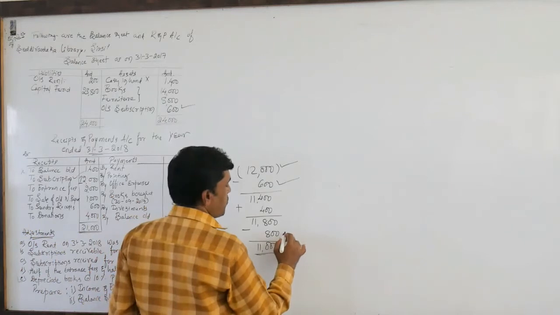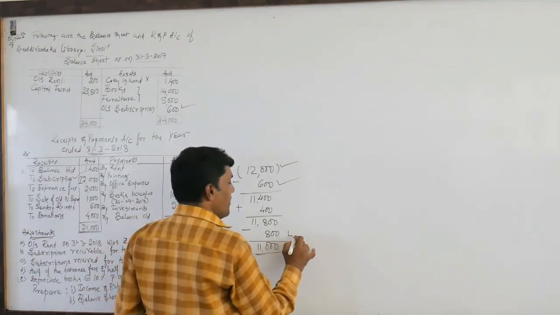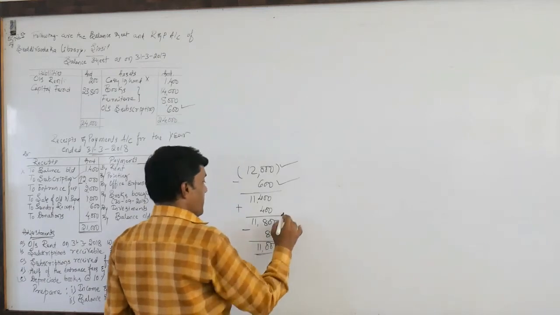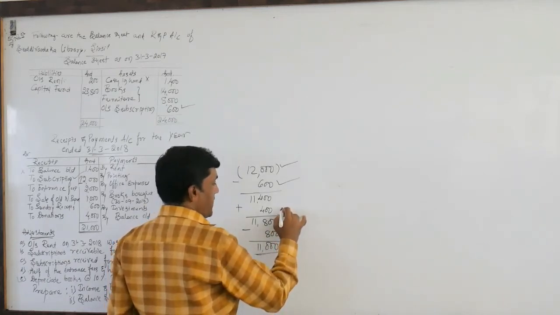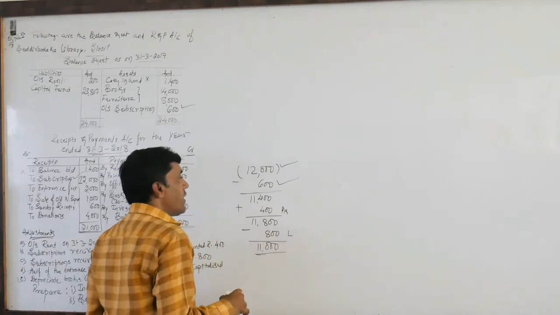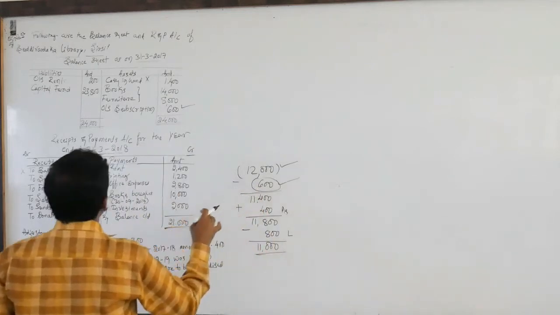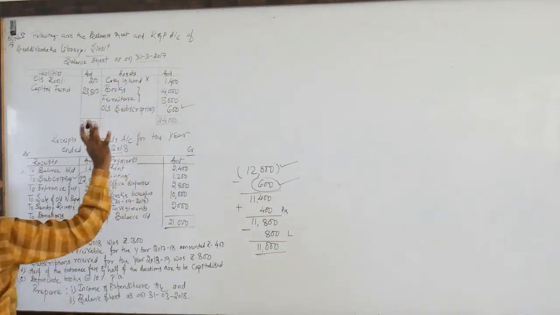The advance amount must be shown on the liability side of the current year balance sheet. The receivable is shown on the asset side of the current year balance sheet. It need not be shown again, as it already appeared on the last year balance sheet.